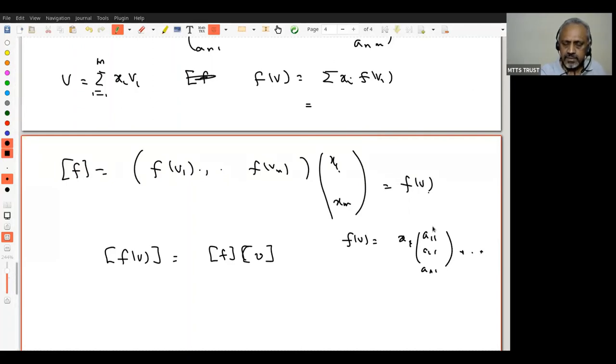But what is this? This is with respect to the basis, right? So what I have done is with respect to the basis B dash. Therefore, I have written f of v as a coordinate vector in terms of w1 to wn. Pause. Review. Proceed.